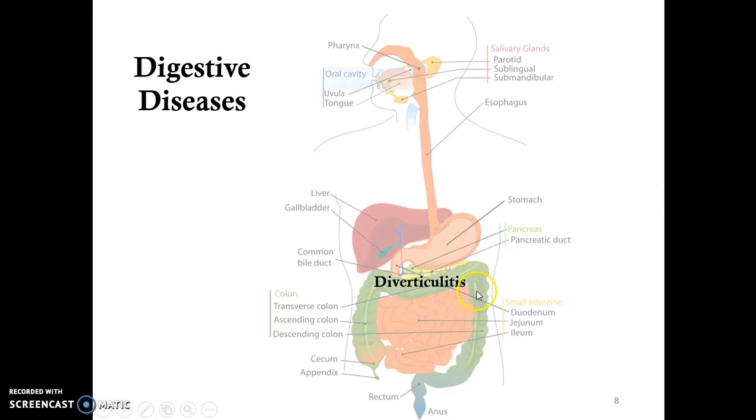First, we have diverticulitis and ulcerative colitis. These both affect the large intestine. Crohn's disease can manifest in many parts of the digestive tract, but usually is limited to the large intestine or the small intestine.